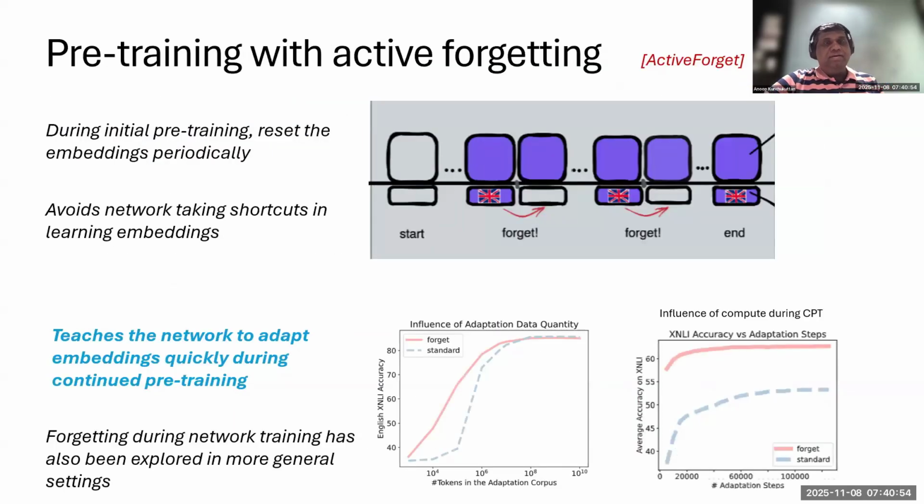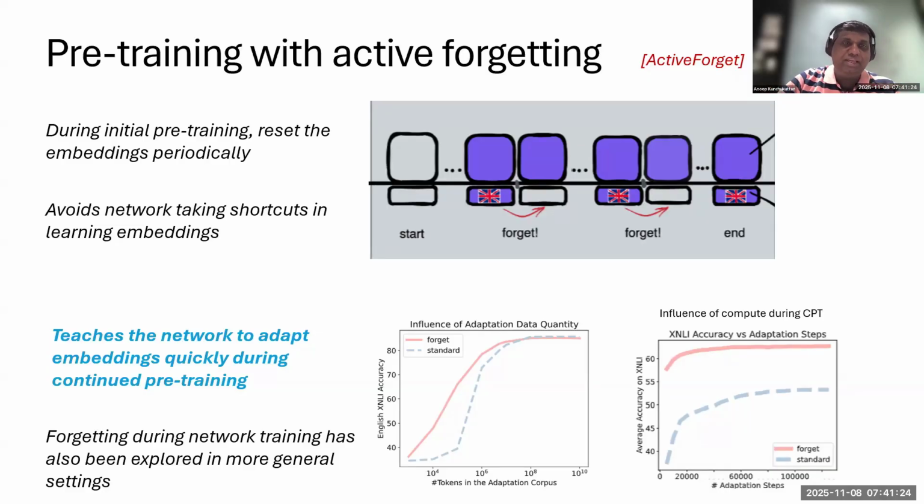Next, what are we doing during vocabulary initialization? We are adding a few embeddings or changing a few embeddings. So you're resetting the embeddings and changing them during the process of vocabulary adaptation. Now, during the initial pre-training, if you can teach the model that it is possible that the embeddings will be reset, then that can help the model to adapt quickly to new embeddings during continued pre-training.